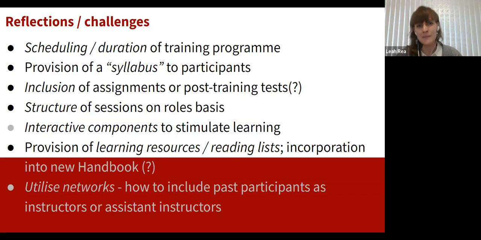But it's very list-based, it's very text-heavy, and we don't really identify a prioritization of what participants absolutely should look at and should absolutely look at that. Everything else is more just if they want to, in their own time, read more around a subject. So I think we could think about how we make more explicit the reading material that can be of benefit to participants and how we can incorporate that in what will be the new edition of the handbook.